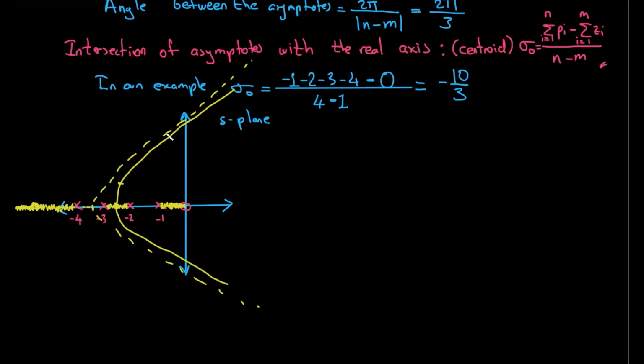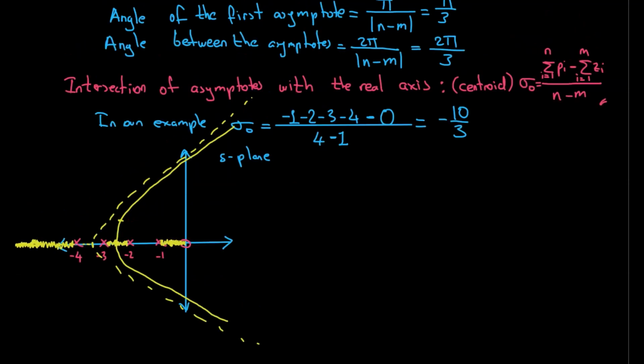But at a certain stage, when I increase k further and further, two of the poles are getting bigger and they're trying to follow these asymptotes. And when they follow the asymptotes, they also pass to the right half plane. So if I increase k from a specific value and further, the system will become unstable.